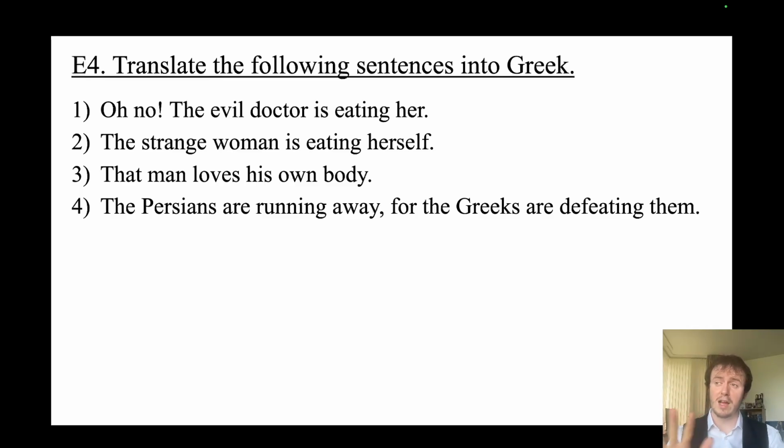Now, that's not to say that it has to appear at the start of a sentence if it's meaning that. It's just to say that when the other uses are being employed, namely meaning the same, or when it's meaning him, her, it, or them, it won't be at the start. Okay? So don't put it at the start if you're using it to mean the same, or if you're using it to mean him, her, it, or them. Okay?